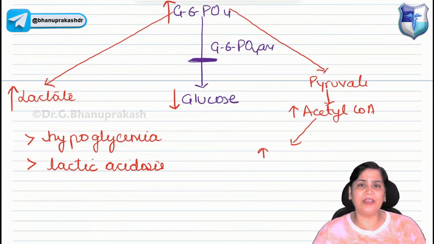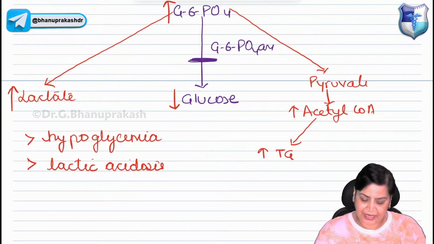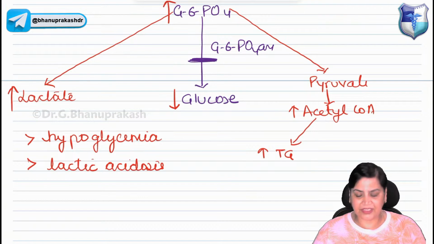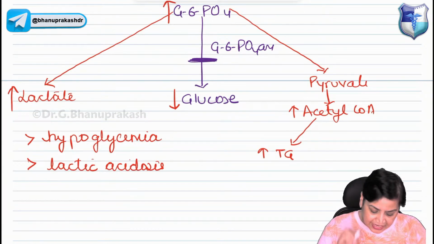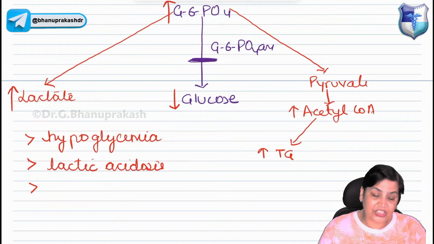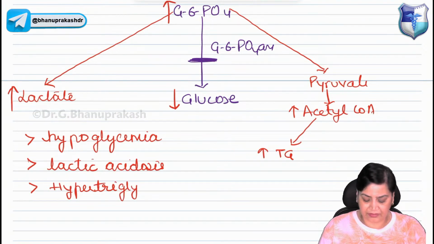You know how we designate fats? We call them TGs. TGs are triglycerides. I'll just write TGs here. After that, I will explain it to you. So increased concentration of glucose 6 phosphate increases acetyl coenzyme A, increases TGs. And whenever there is increased concentration of triglycerides, we call it hypertriglyceridemia.